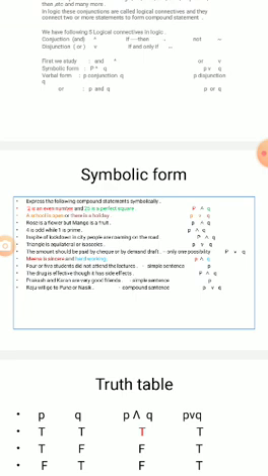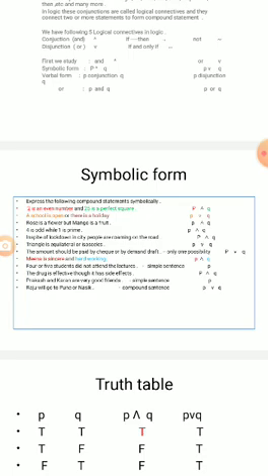So we denote one of them by P and the other by Q. As P and Q are connected by and, we say it is P conjunction Q, or it is P and Q. Red sentence is P and green color shows Q. So it is P and Q.